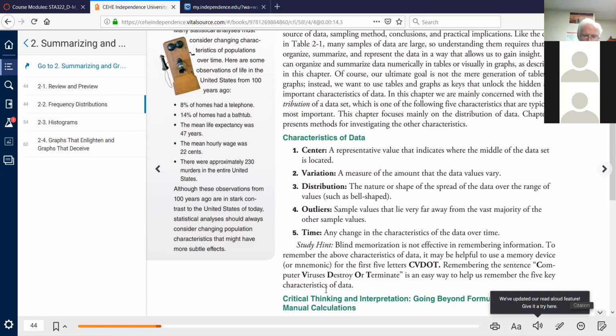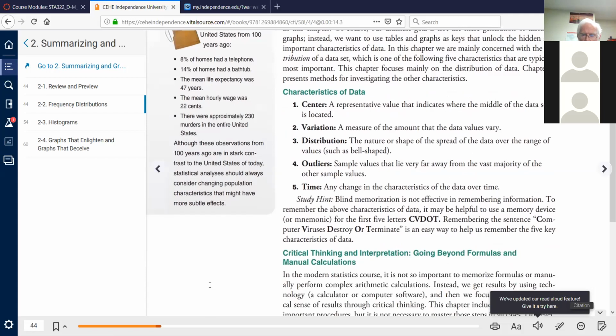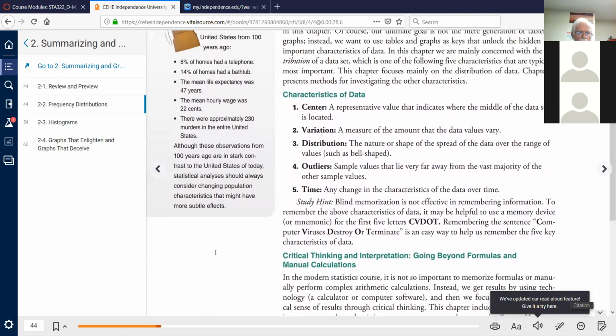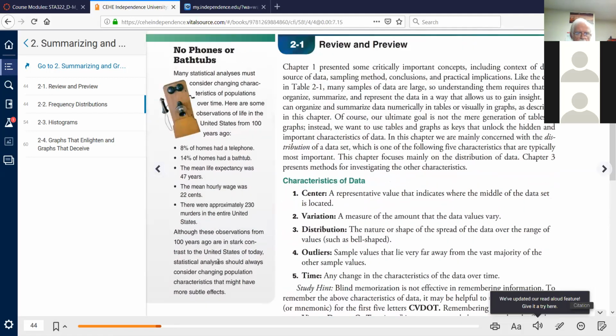And then we look at changes over time. So we want to look at interpretation and use a lot of critical thinking with data.